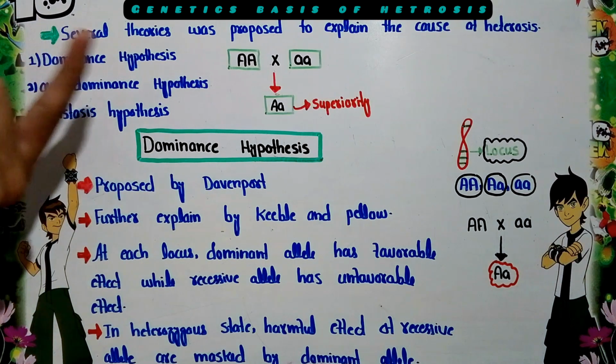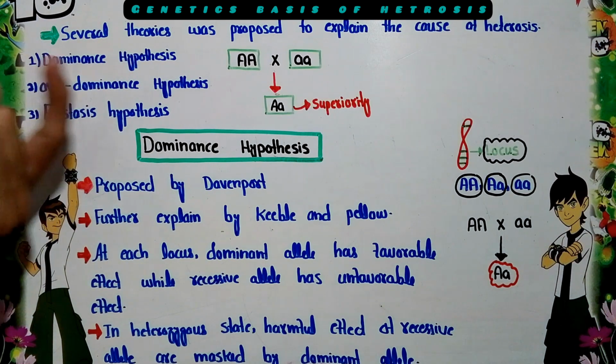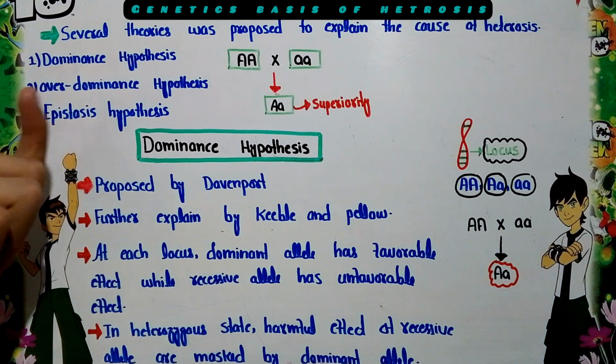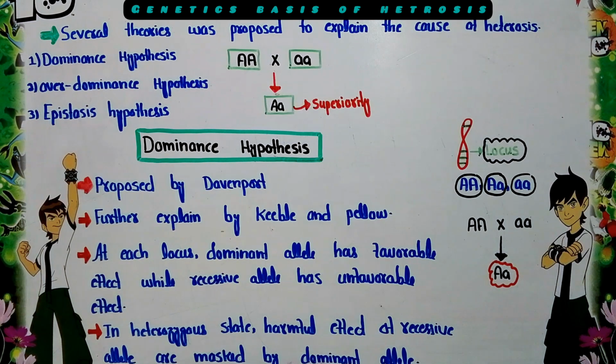The first is the dominance hypothesis, the second is the over-dominance hypothesis, and the third is the epistasis hypothesis. The first two, dominance and over-dominance, explain allelic interactions, while epistasis explains non-allelic interactions. Mainly in this video lecture we will discuss the dominance hypothesis of heterosis.